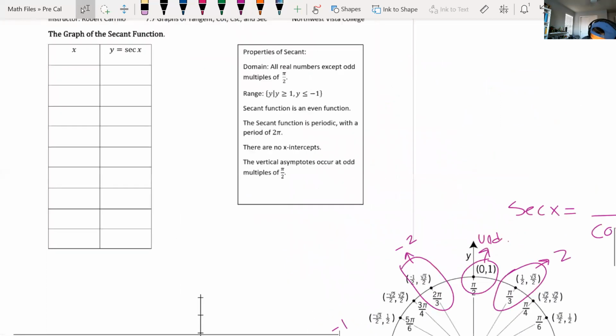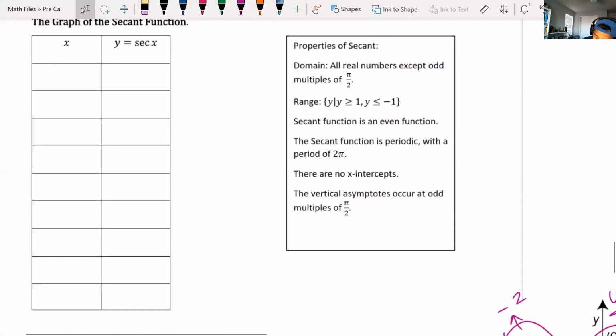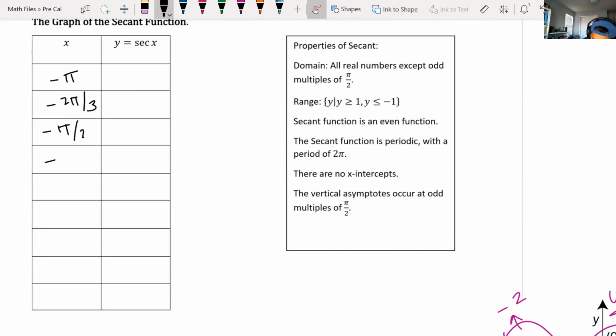Okay. So starting at negative pi, -2 pi over 3, -pi over 2, -pi over 3 and 0, and then pi over 3, pi over 2, 2 pi over 3, and pi. And remember that secant is even.